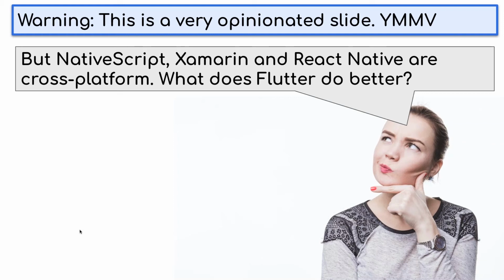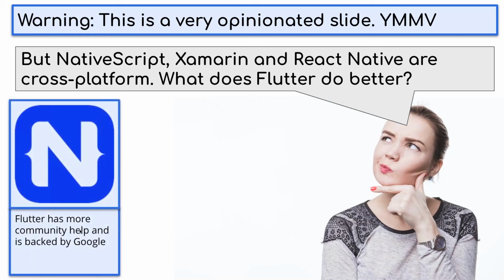So let's look at some of these options and see what they would bring versus, say, Flutter, since we're talking about Flutter. So we'll start off with NativeScript. Now, NativeScript, I've looked at it and I really like it. For the life of me, I can't understand why it's not more popular, but of all of these options, NativeScript is the least popular.